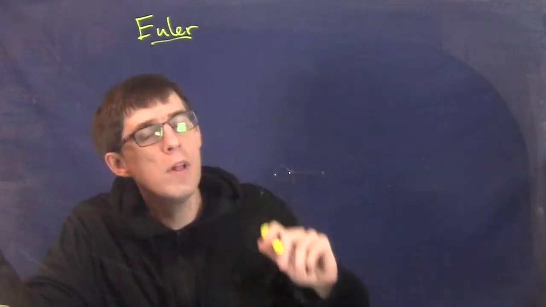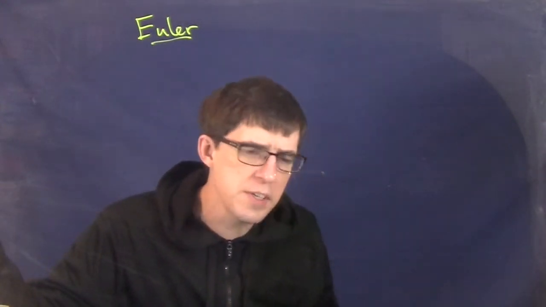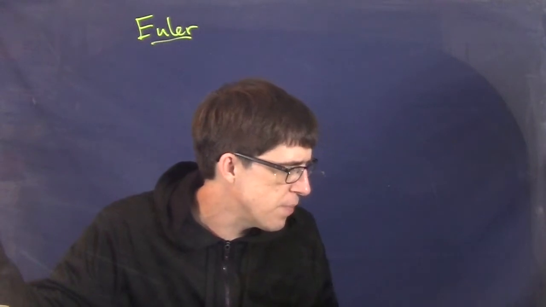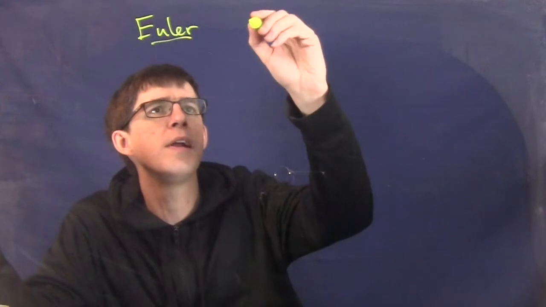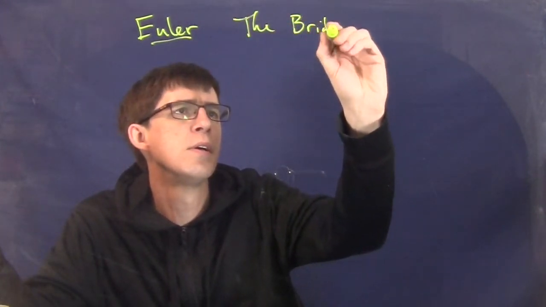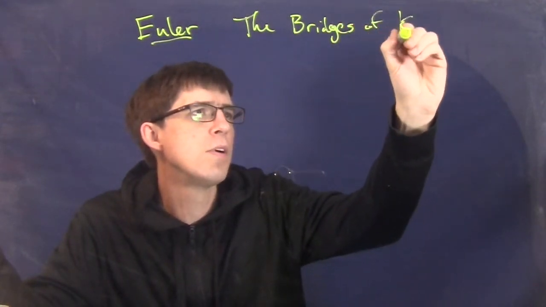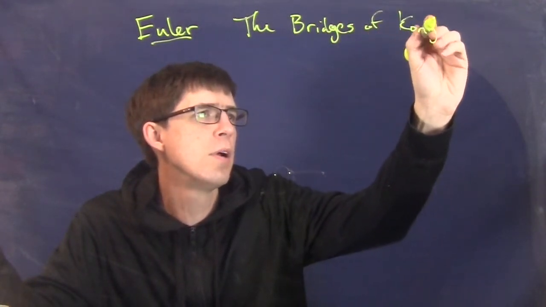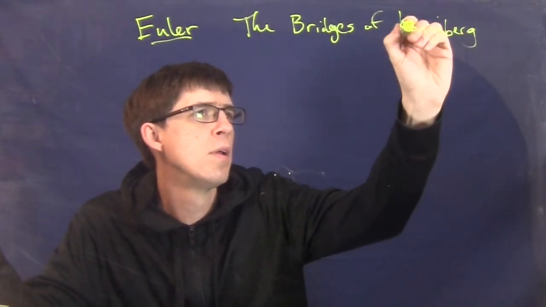Anyway, Euler was studying a problem. This is not like a very serious mathematical problem, but it was something that people would kind of casually chat about, and it's called the bridges of Königsberg problem.